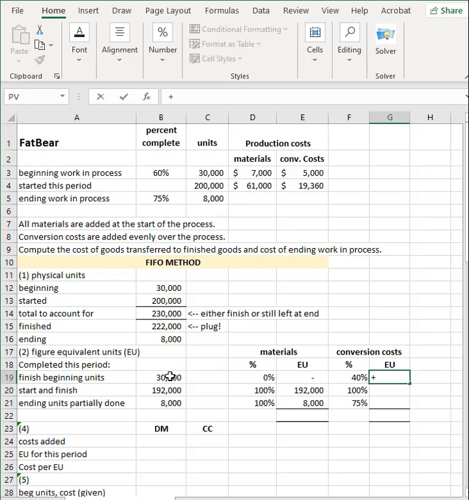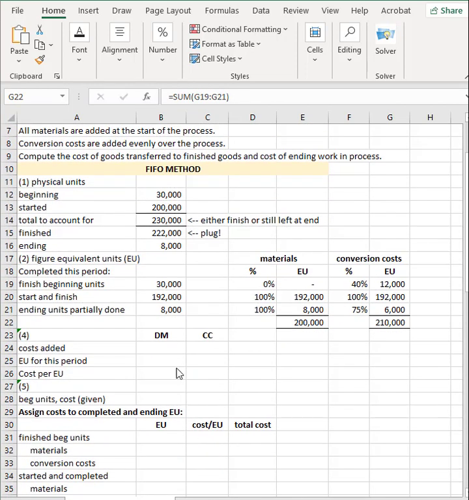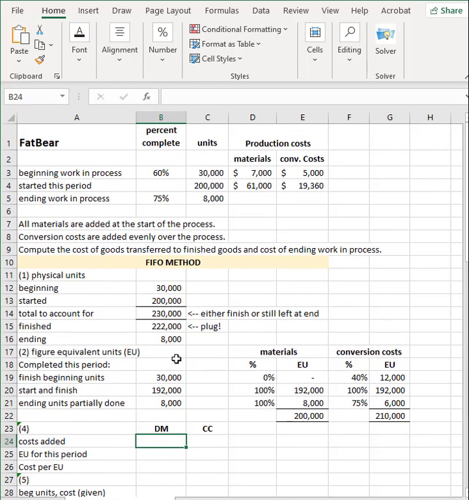All right, that's the physical units times the percent. And then we can add these. The next step now is to figure out the cost per equivalent unit. So for FIFO, we're only concerned with the increment we added this period.